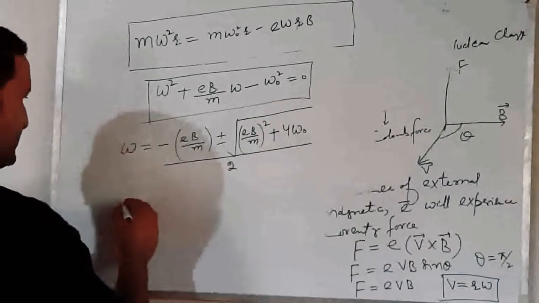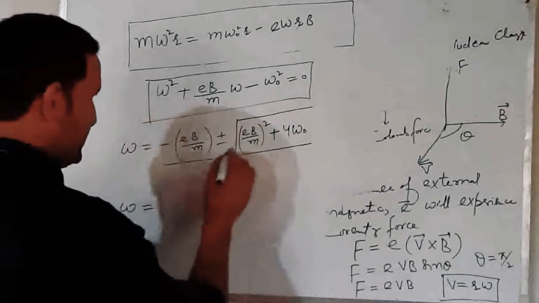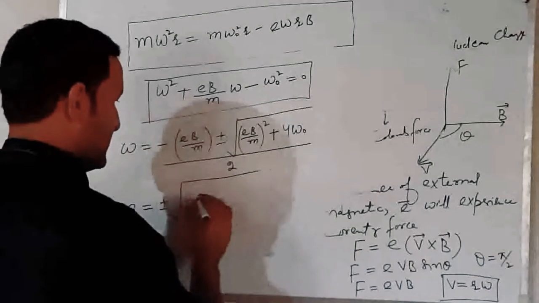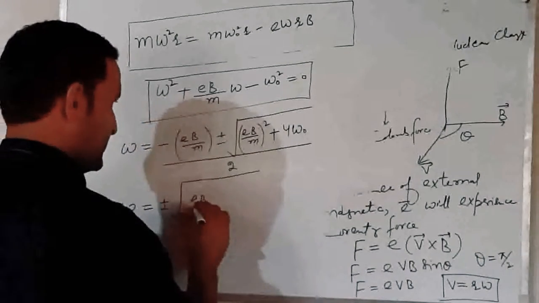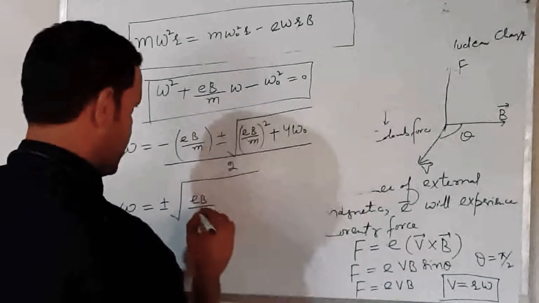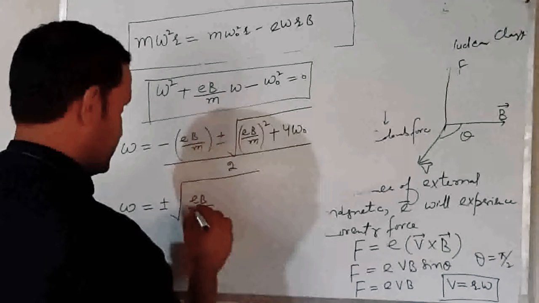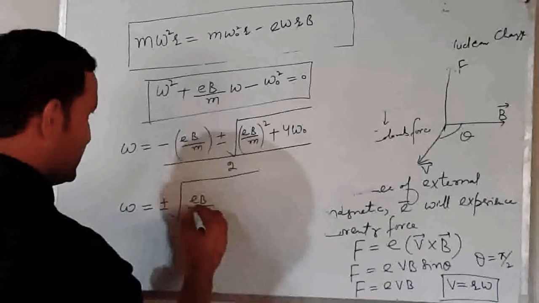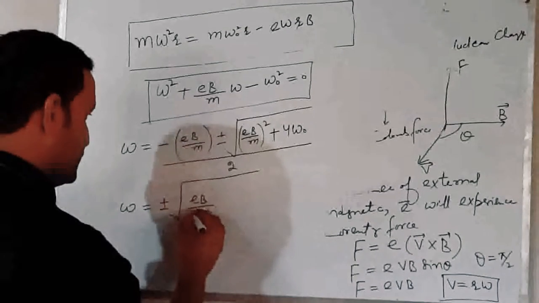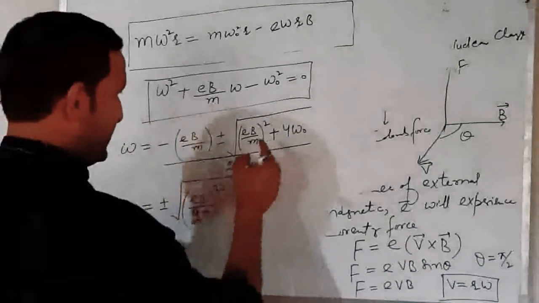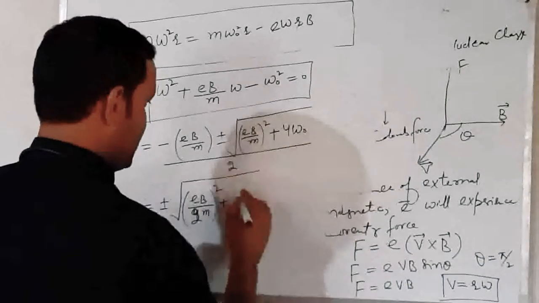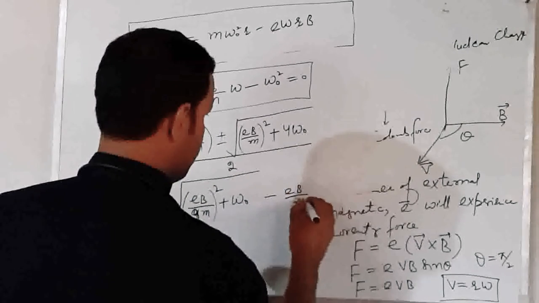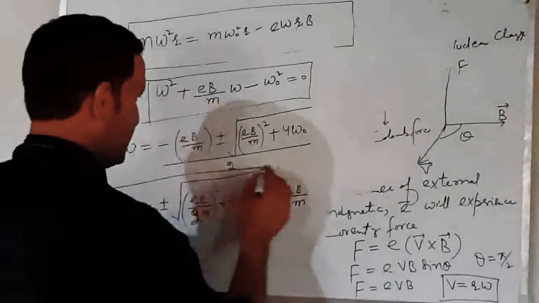So omega will be equal to minus eB upon 2m, plus minus under root of eB upon 2m whole square plus omega naught square. This is the value of omega.